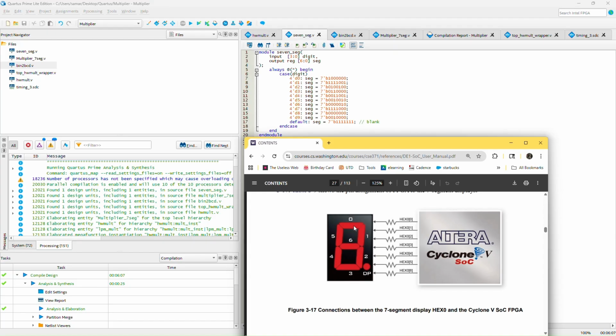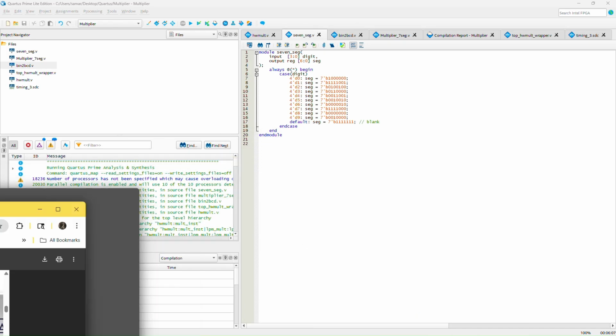Practically, since all these bits are 0, they turn on except for the 6th bit. Similarly, for 1, you only want 1 and 2 to turn on, so bits 1 and 2 are coded to be 0 and the other bits are coded to be 1. Similarly, I've coded all the digits since it's active low.